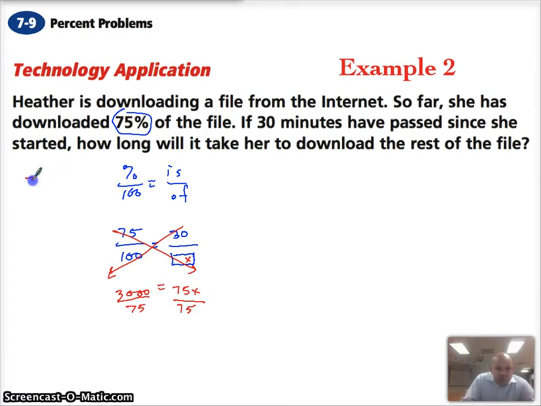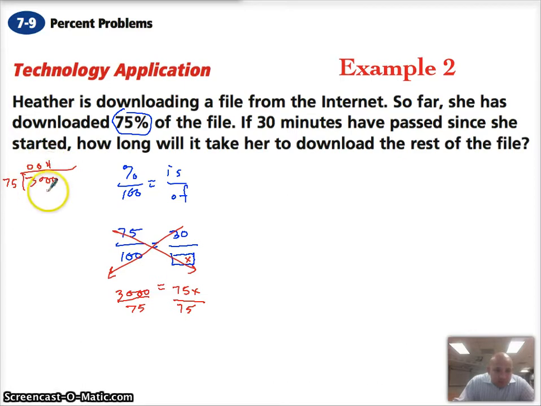I'm going to go over to the side, figure out how many 75s go into 3. Well, there's nothing. Into 30, well, 75 can't go into 30. How about 75 into 300? Well, I know there's going to be about 4.